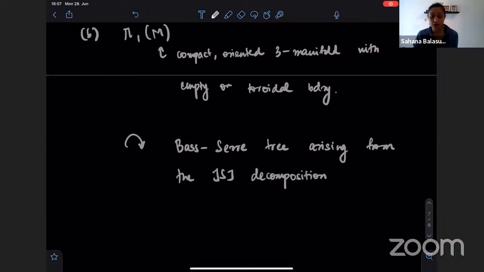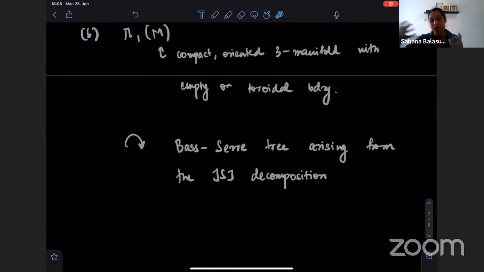Okay, so every 3 manifold has this decomposition known as the JSJ decomposition, where you can sort of cut apart your manifold into different pieces. Some of those are the boundary tori or the connecting tori, and some of those are atoroidal pieces, and some of them are hyperbolic pieces, and some are Seifert fibered pieces.